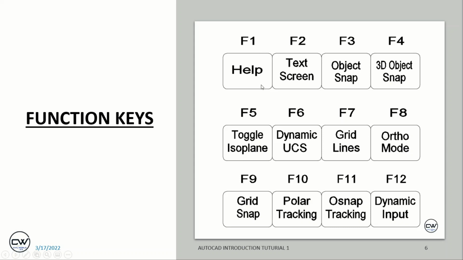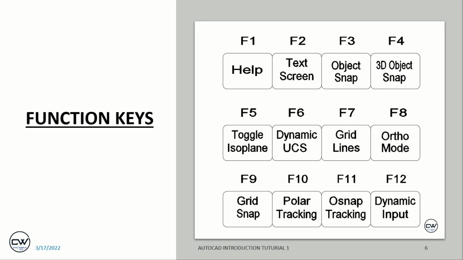F1 means help menu, F2 means text screen, F3 means object snap, F4 means 3D object snap, F5 means toggle isoplane, F6 means dynamic UCS, F7 means grid lines, F8 means ortho mode, F9 means grid snap, F10 is polar tracking, F11 is snap tracking, F12 is dynamic input. You can switch on and switch off the same function keys.